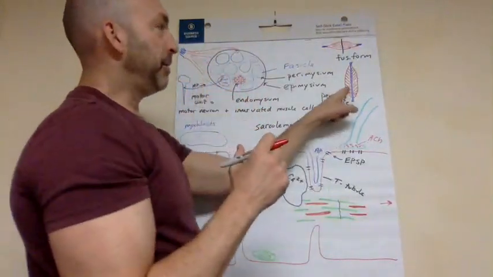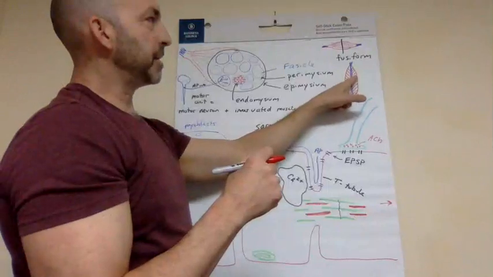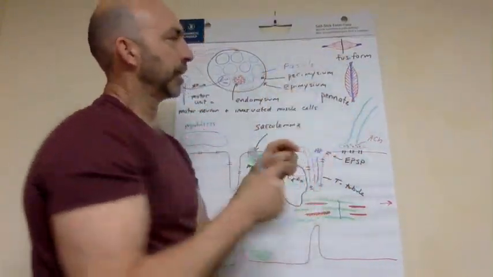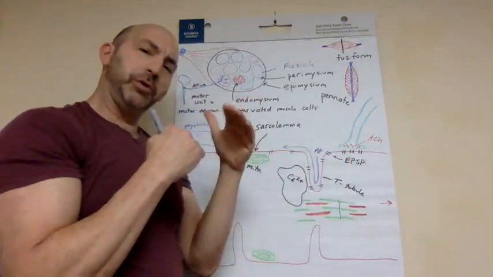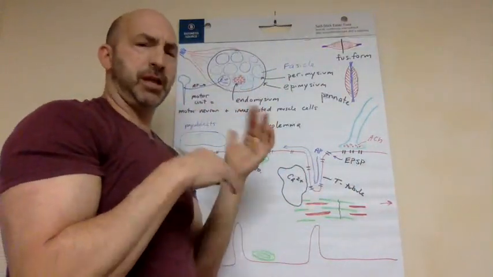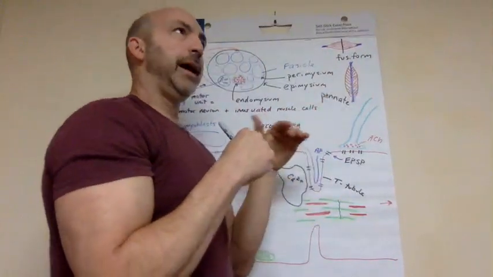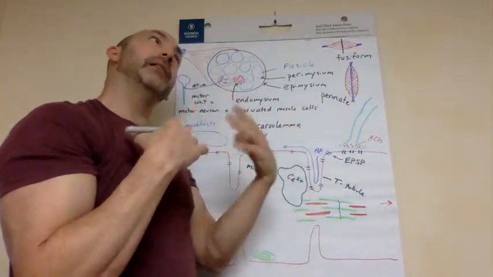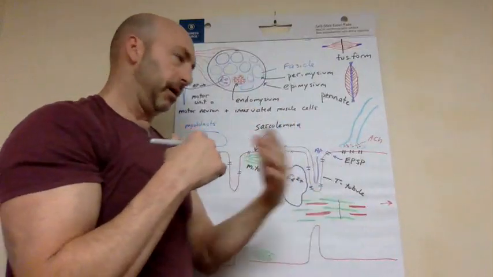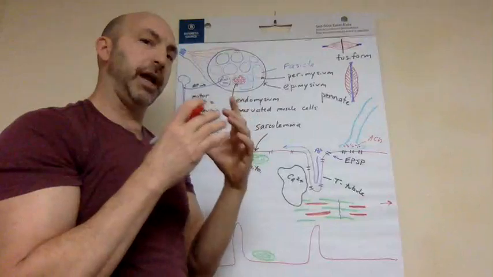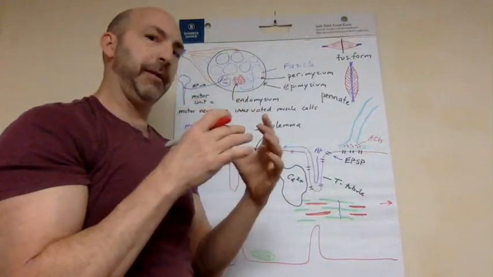However, if we go to pennate, because the muscle fibers aren't pulling in line with the muscle itself, the range of motion is reduced. So you might say, well, what's the plus side then? Well, the plus side is that there are many more cells, and the strength of a muscle, as we will see in other videos, is based upon the cross-sectional area of the cells within it.